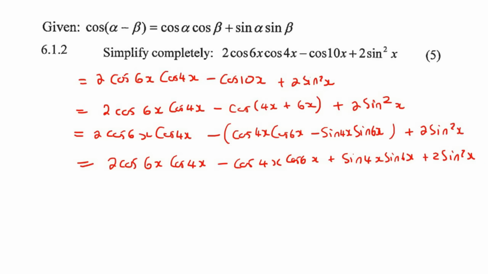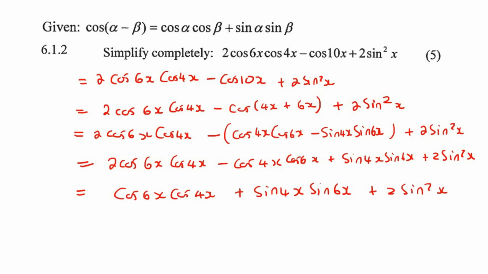Now if we look carefully, this part and this part are the same, although the order of these two is different, but that doesn't matter because when you multiply it doesn't matter. So that's just going to become cos 6x cos 4x, because 2 minus 1 is just 1. So that's what we have there. And then over here we've got sin 4x sin 6x plus 2 sin squared x.